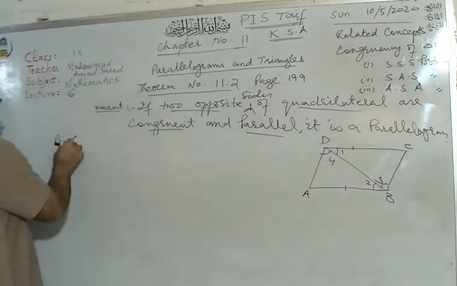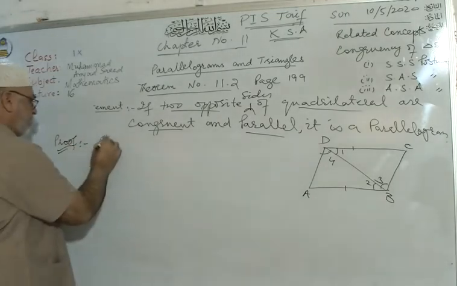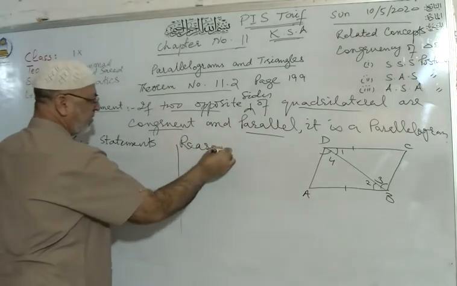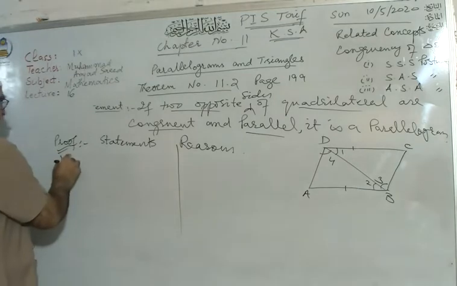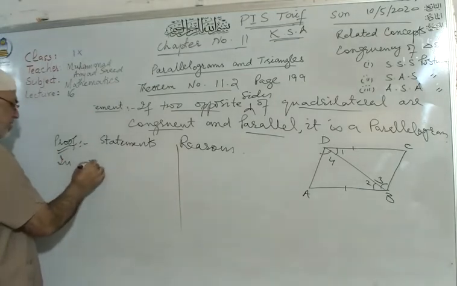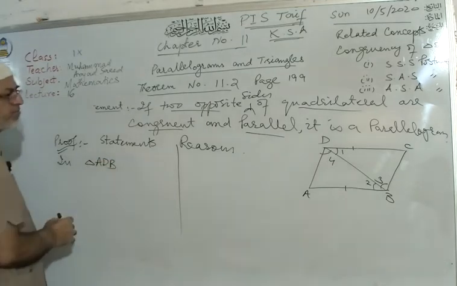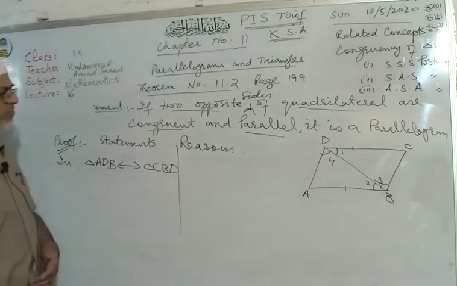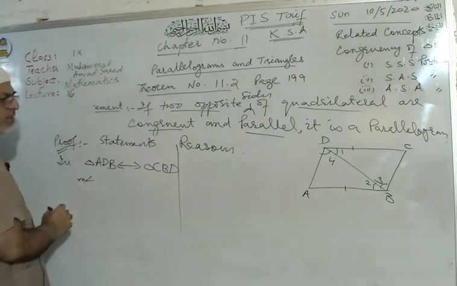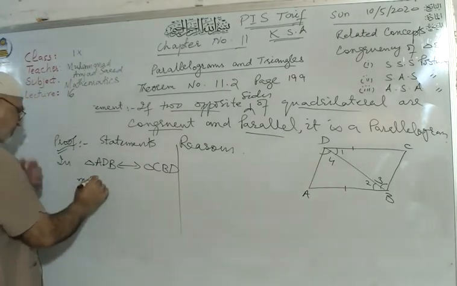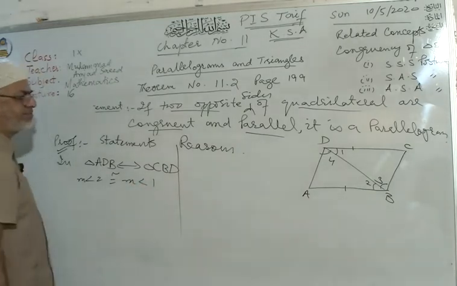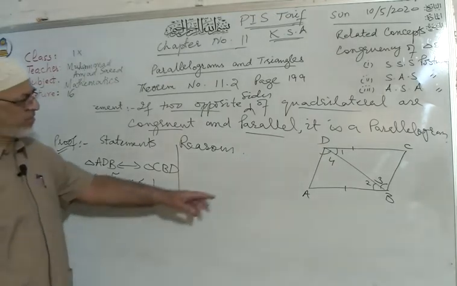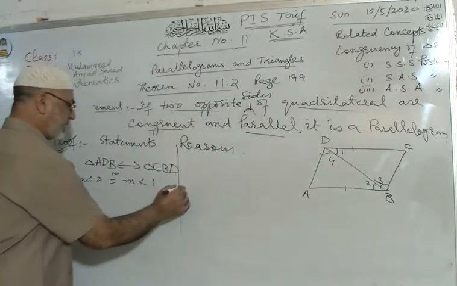Proof. Statements and reasons. In the correspondence of triangle ADB and triangle CBD, angle 2 is congruent to angle 1, alternate angles.